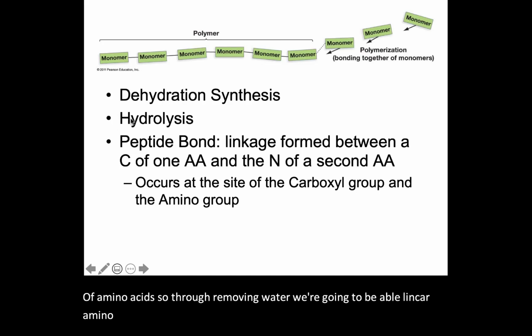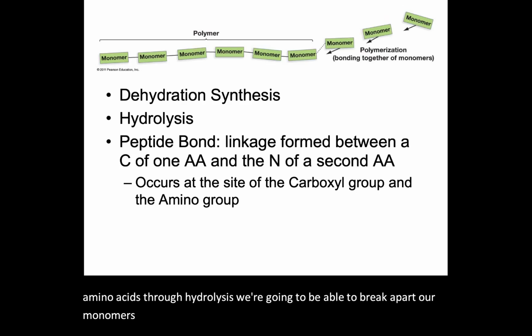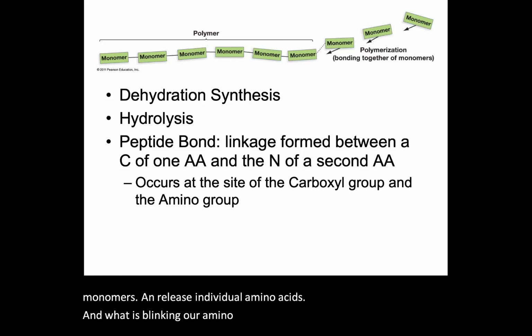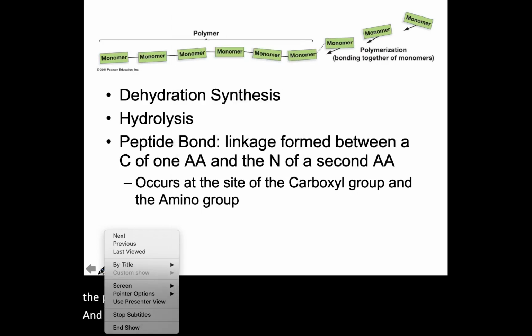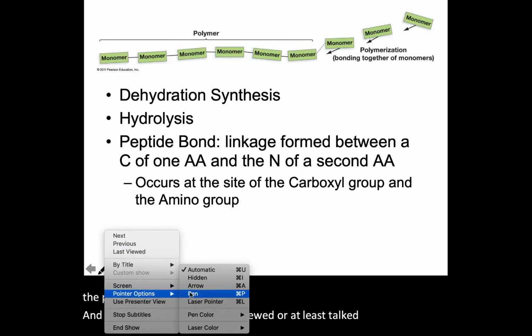Through hydrolysis, we're going to be able to break apart our monomers and release individual amino acids. And what is linking our amino acids after we do dehydration synthesis is the peptide bond. This is what we reviewed, or at least talked about, on the first slide.